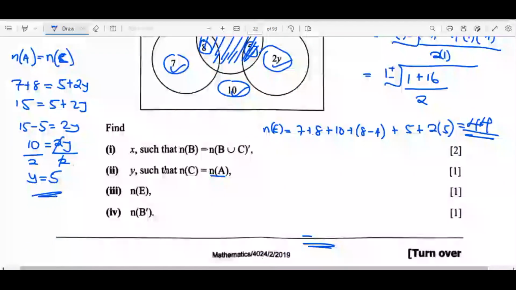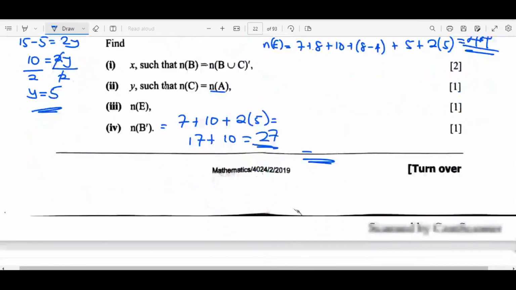So is equal to 7 plus 10 plus 2 open bracket 5, is equal to what? So when we work out, this is 17 plus, here we're going to have 10, so the answer is what? 27. Okay, so we can quickly move.